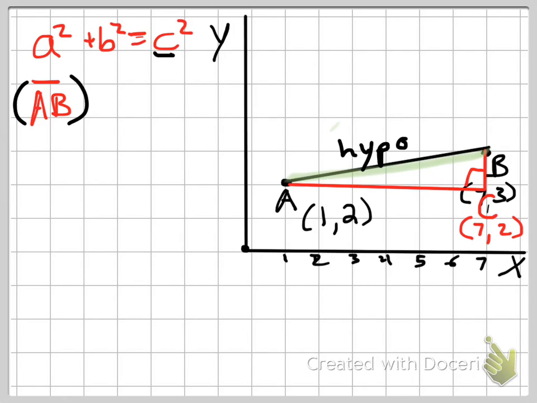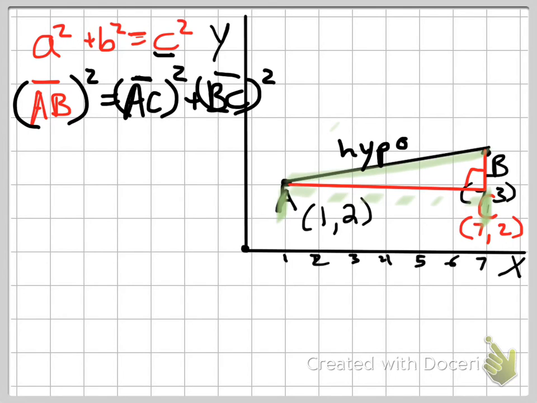So it's going to be AB squared equals, I have a side AC, so AC squared plus side BC squared.